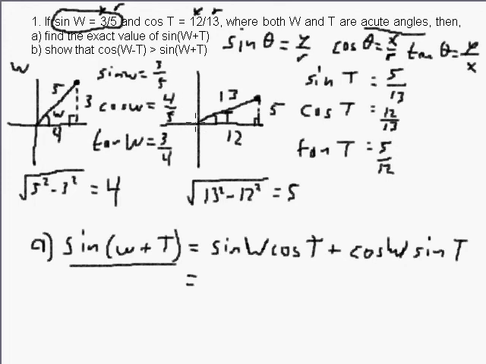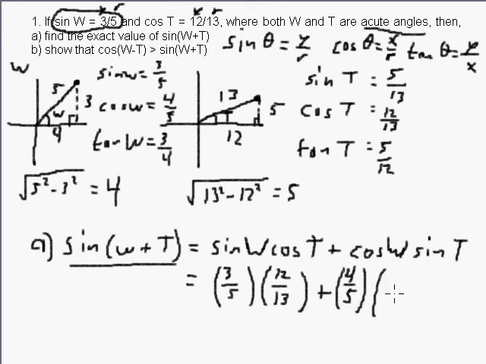So after finding all of these things using first principles, I go 3 over 5, because that's the sine of w, times the cos of t, which is 12 over 13, plus cos of w, found that over here, 4 over 5, times sine of t, 5 over 13, equals, and you multiply all those out.